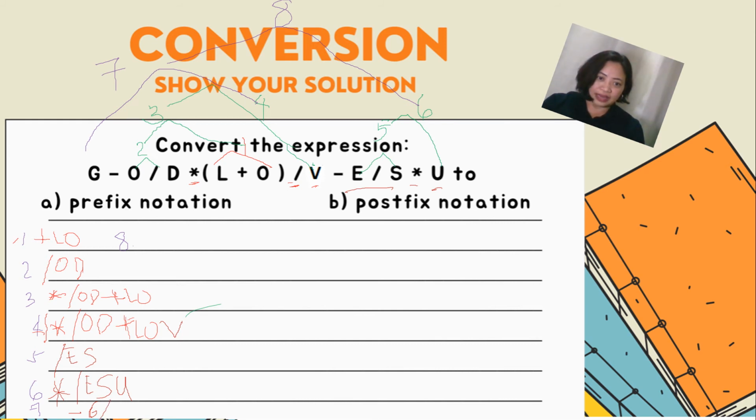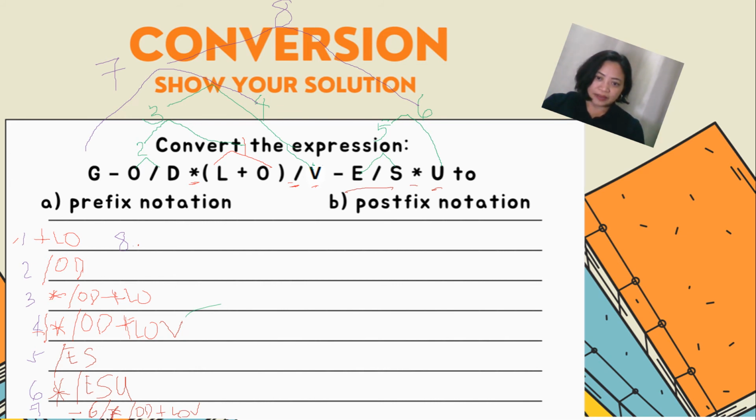Number 4 is divide times, okay, divide OD plus LOV. Okay? And then lastly, number 8. And number 8 is number 7 minus number 6. So, unahin natin operator minus.